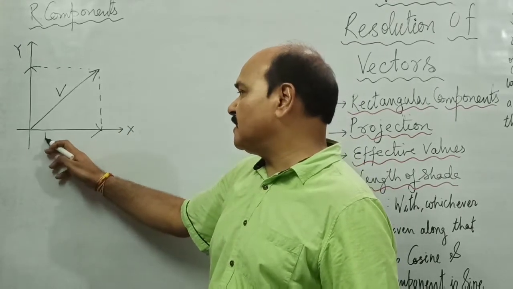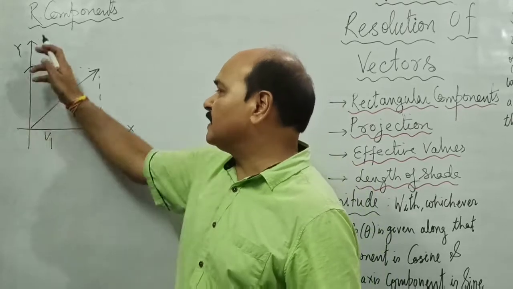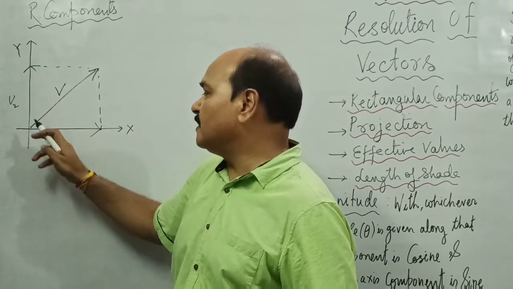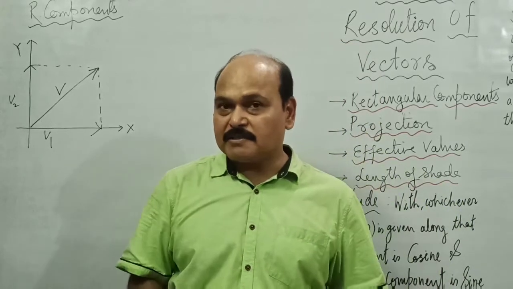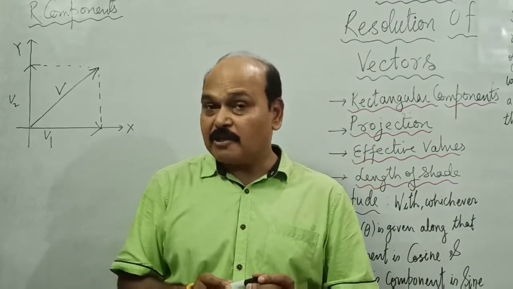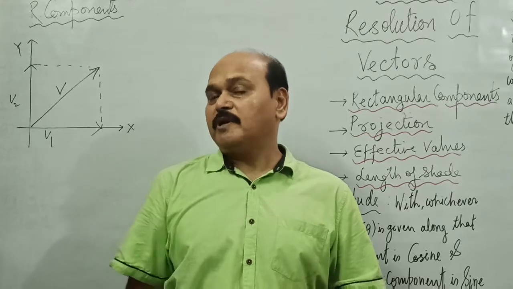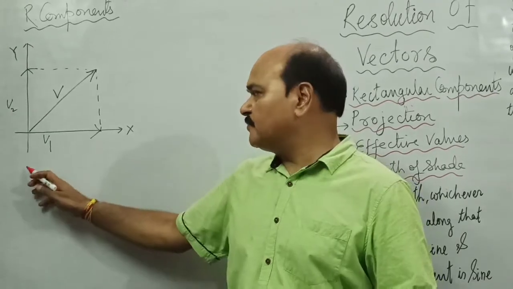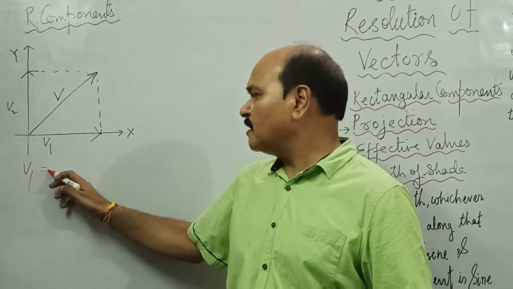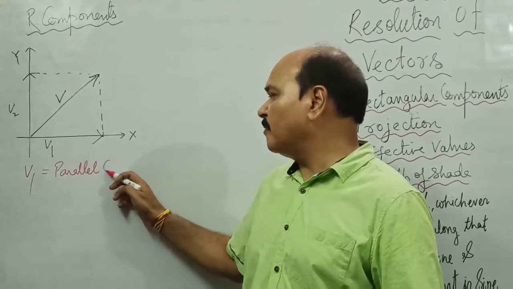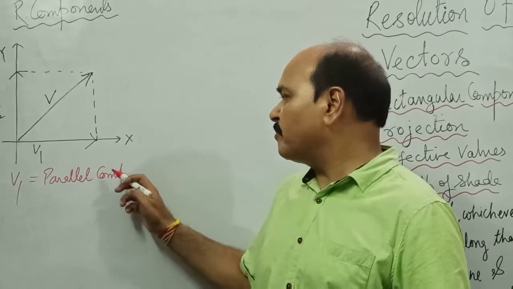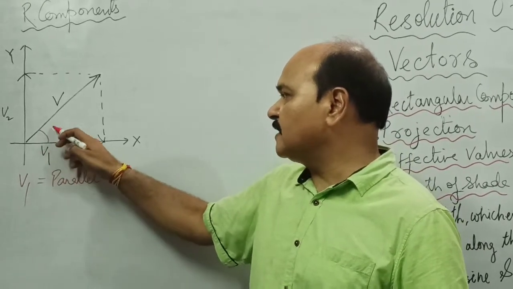So this length of the shade is V1, this length of the shade is V2, and these V1 and V2, of course they are shade of vectors, length of shade of vectors. They are also called the two components of the vector. This V1 is called parallel component, provided this angle is given as theta.